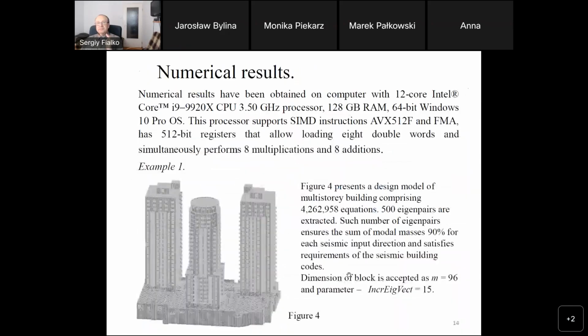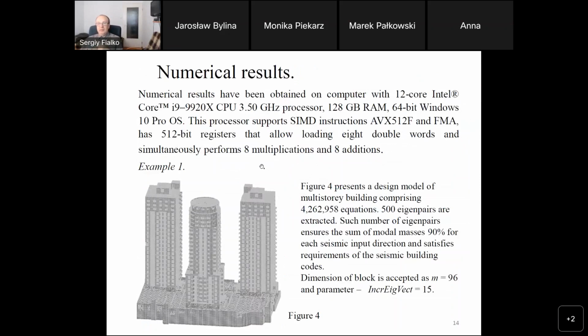Numerical results. Numerical results have been obtained on a computer with a 12-core Intel i9 processor. You see the amount of core memory, and there are presented the general characteristics of this processor.